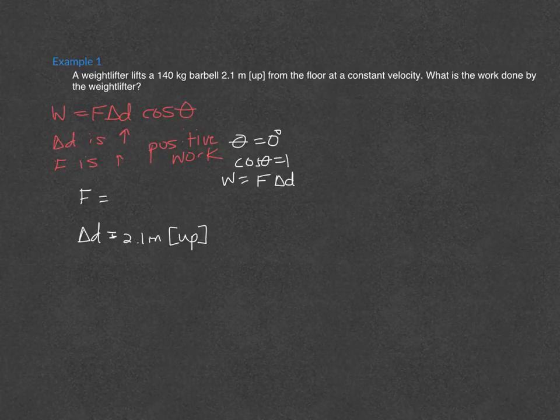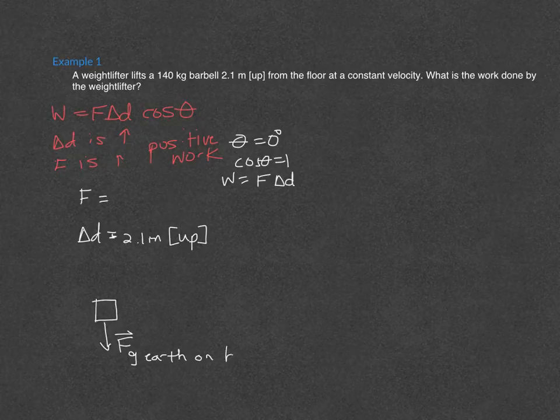So what we're going to do is do a quick free body diagram, which might seem intimidating, but all of the free body diagrams when you're lifting something up are going to look the same. When I'm lifting something up, you're working against gravity. So I'm going to have a force of gravity down on the barbell, the earth pulling the barbell down.